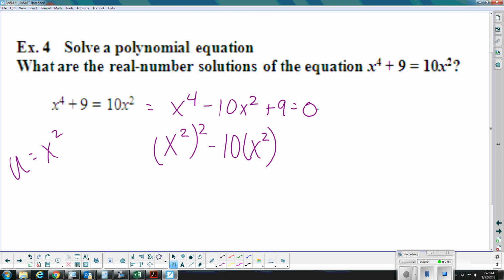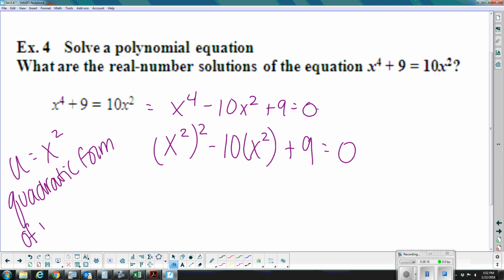And in this case, our c is 9. Okay, so this is quadratic form of a polynomial function. And again, that helps just in order to factor so that eventually you can solve for x.